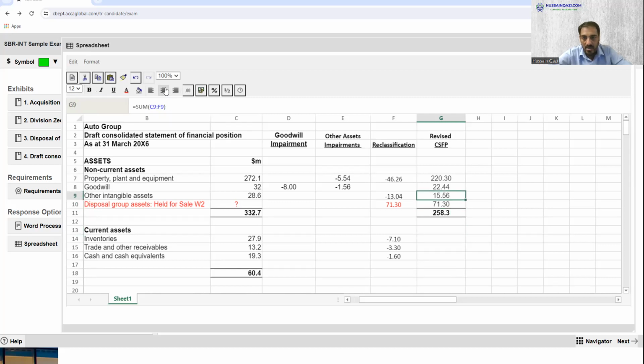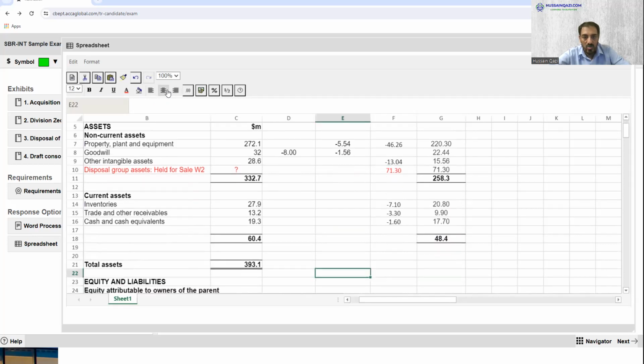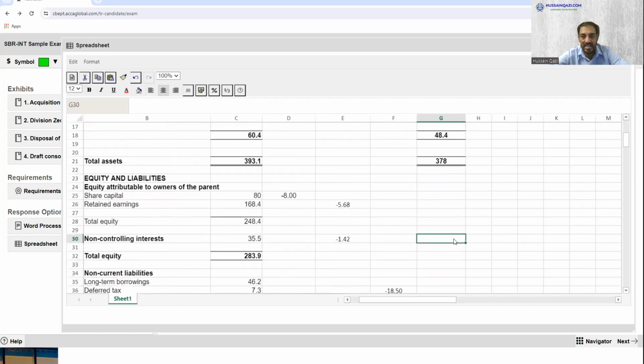Okay, Control C, Control V. Total assets, Control C, Control V. Total assets 306.7 is equal to sum, sorry, is equal to make a sum, 370. Okay. What about the equity and liabilities?